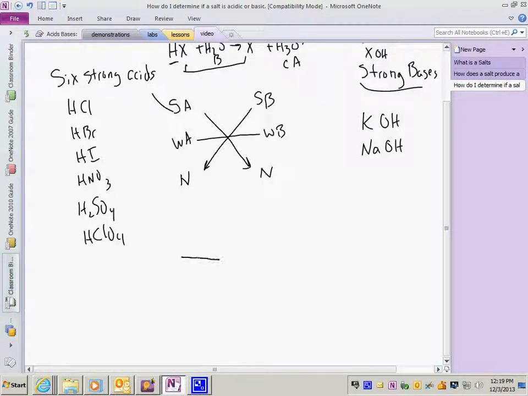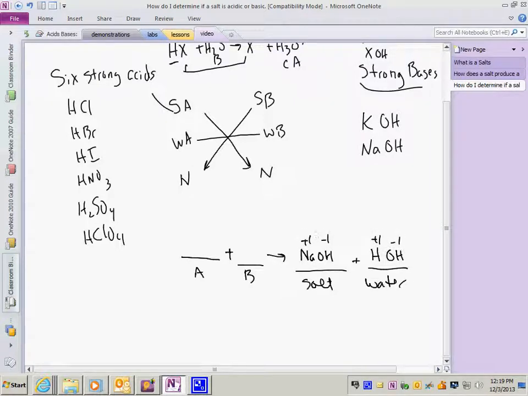I take an acid plus a base yields a salt and water. Well, I produce this reaction by switching up cations. So NaOH, this is +1, -1, and the water I'm going to write as HOH, +1, -1.